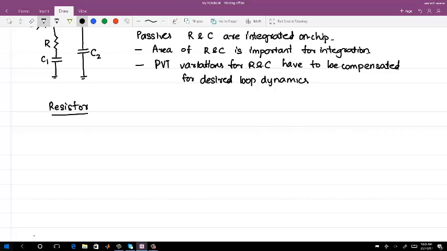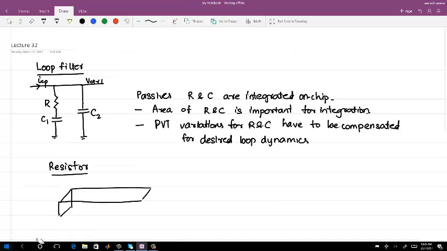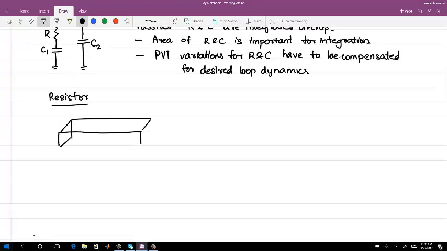Here is the thickness of the material, length of the material, and width of the material.